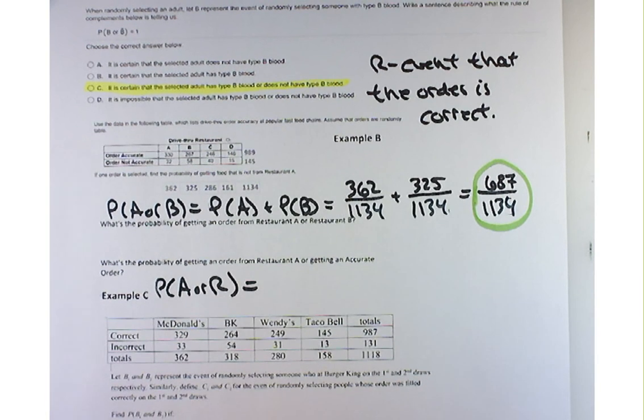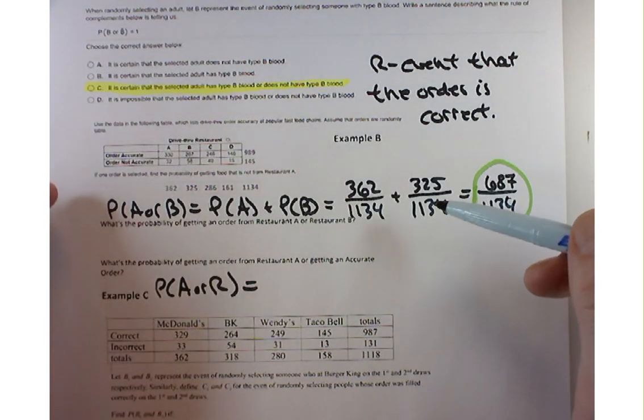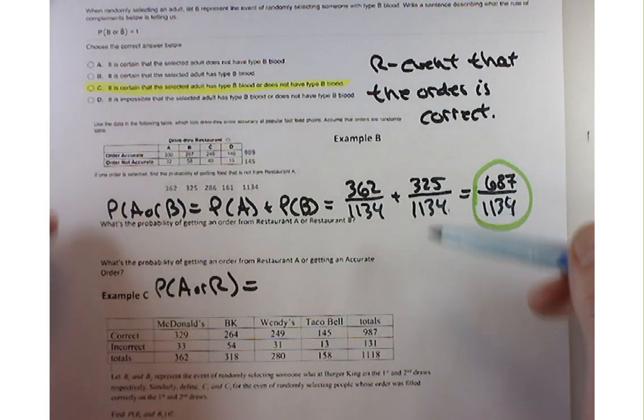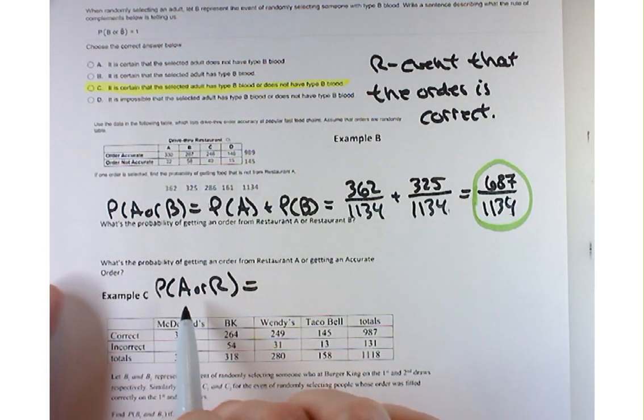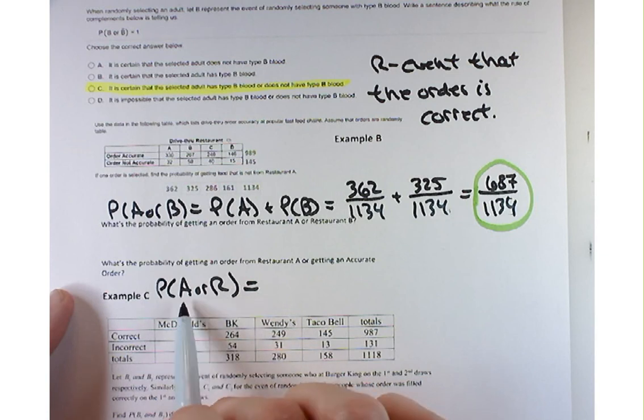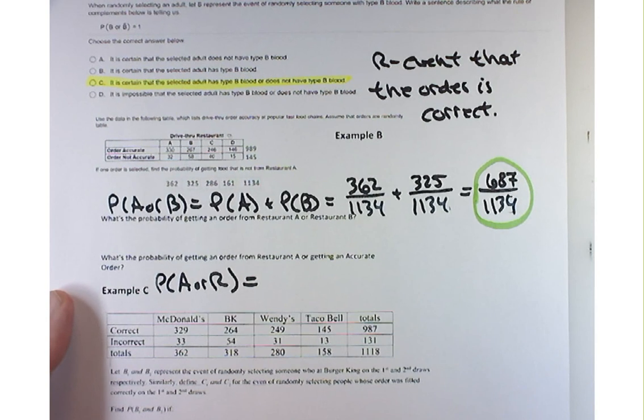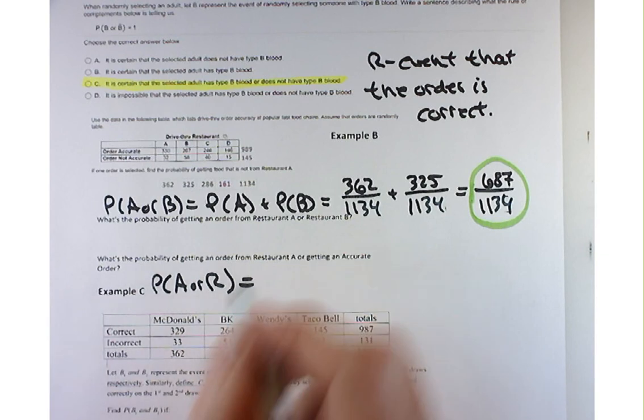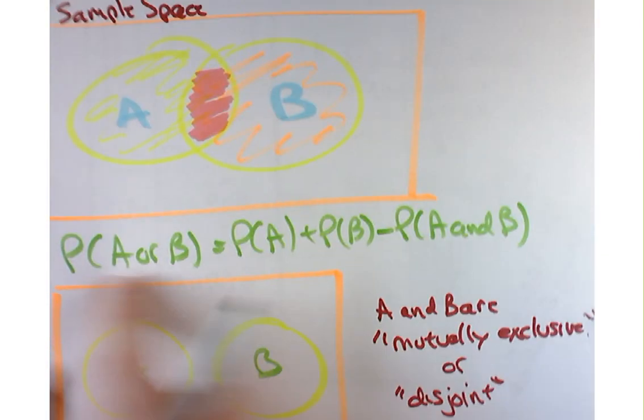Now there's a difference between the two probabilities we're working with. These up here were mutually exclusive events. Can you get an intersection between A and R? Can you eat at restaurant A and get an accurate order? Yes. So they're not mutually exclusive, and you're going to have to calculate this the long way.